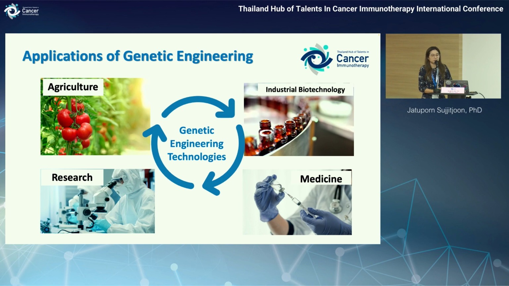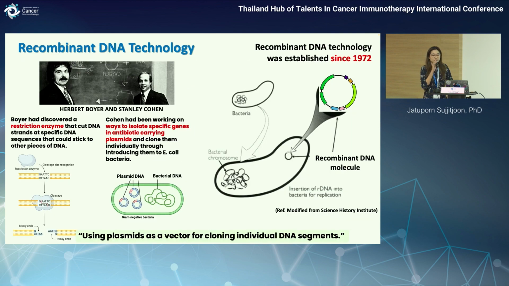T cell therapy. The history of recombinant technology was established in 1972 by two professors, Professor Boyer from the University of California, who discovered a restriction enzyme that cuts a DNA strand at a specific DNA sequence so that it could stick to other pieces of DNA. Another key person of this technology is Professor Cohen from Stanford University.